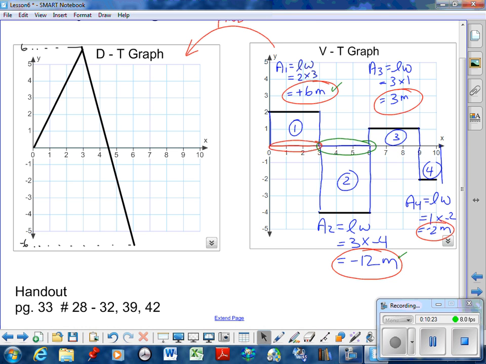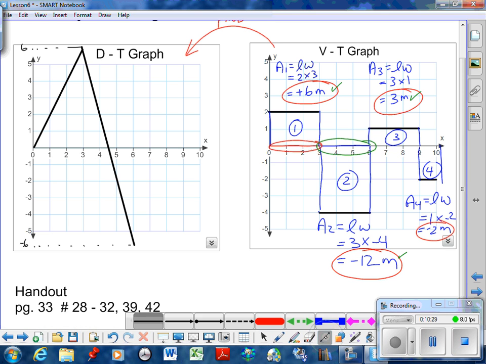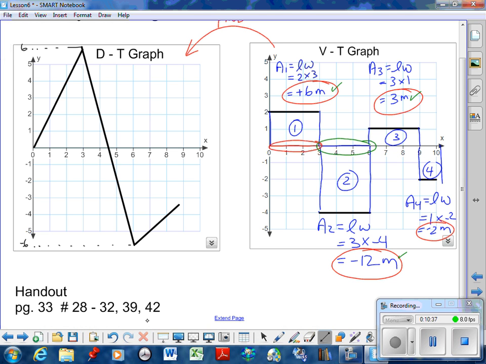So that's how I moved in the second segment. So that's done. In the third segment, I moved ahead 3 meters. So the positive tells me to move forward. So I go from negative 6, and it lasted 3 seconds. So that's at 9. So I go up to negative 3. In the last segment, I have to move back 2 meters. And there we go. So we just created a DT graph from a given VT graph.